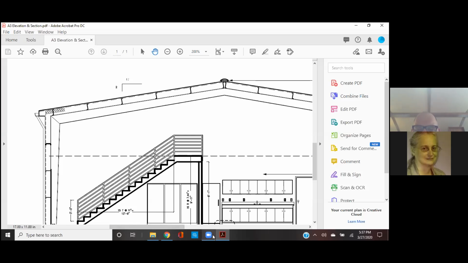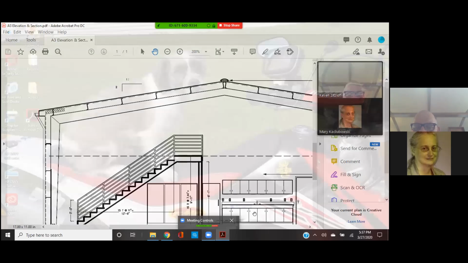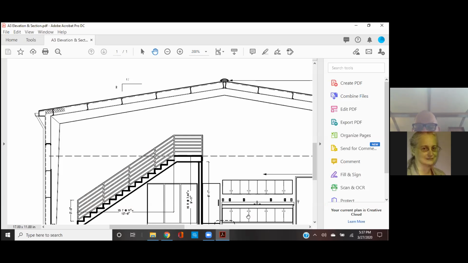When I pull down to the bottom of my screen, it just pops up. I got mute, stop video, participants, new share, pause share, annotate, remote control.